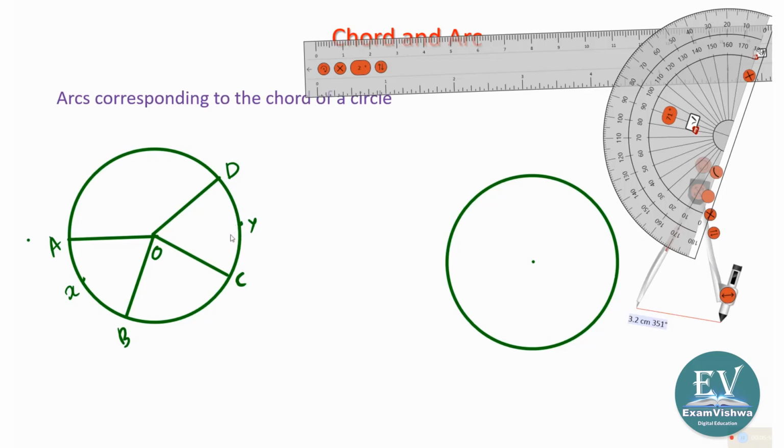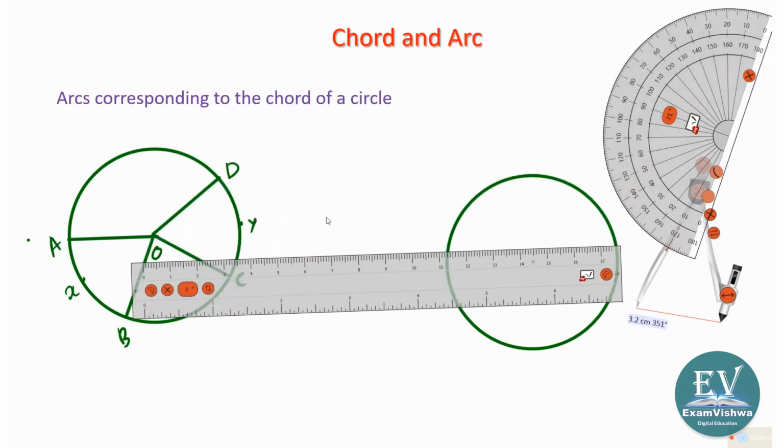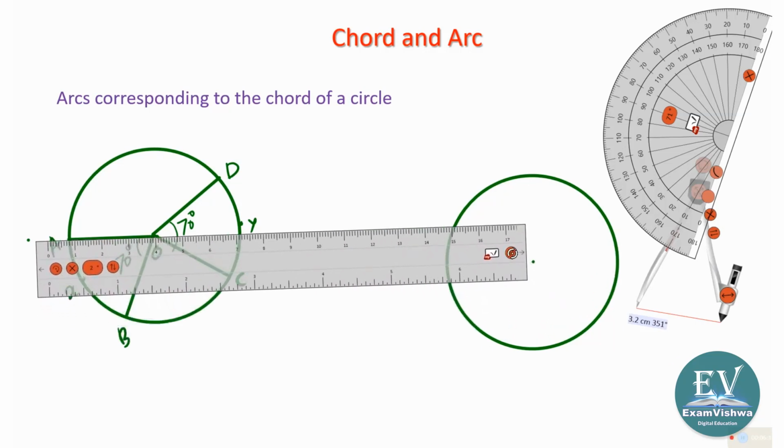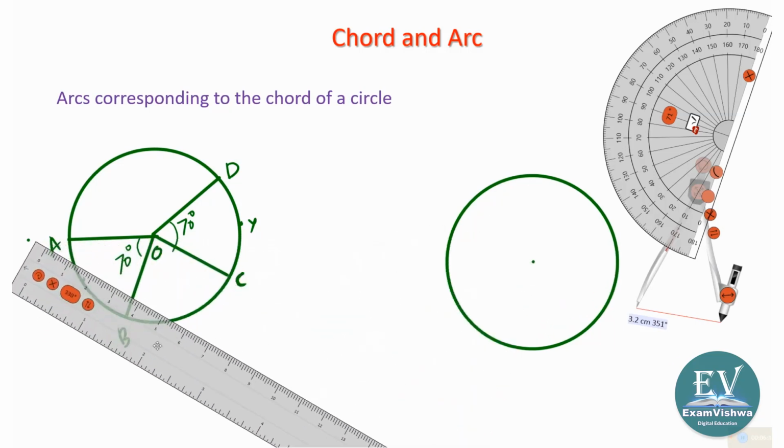Now I have angles here. Here is an angle, here is an angle which are almost 70 degrees. Now what I am going to do is draw the chords over here at the points at which these angles meet the circle.